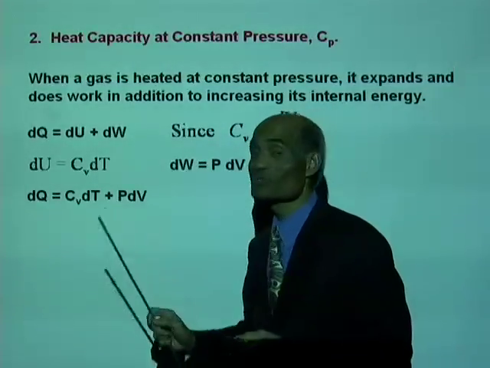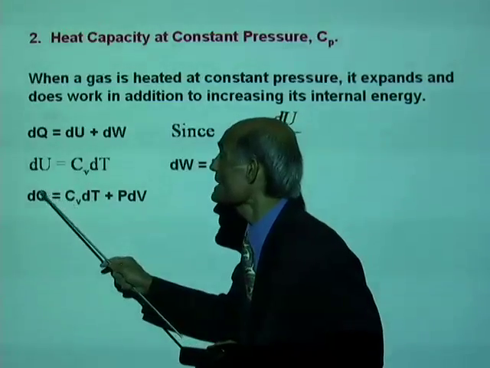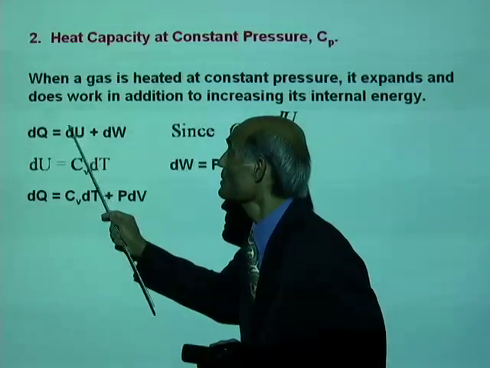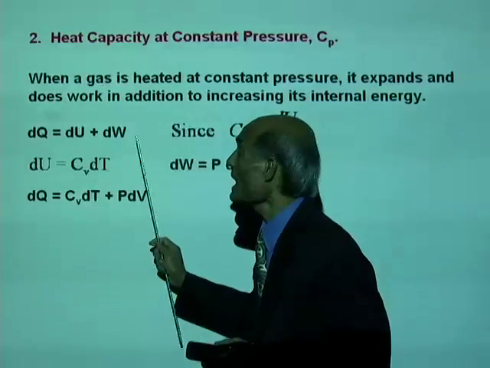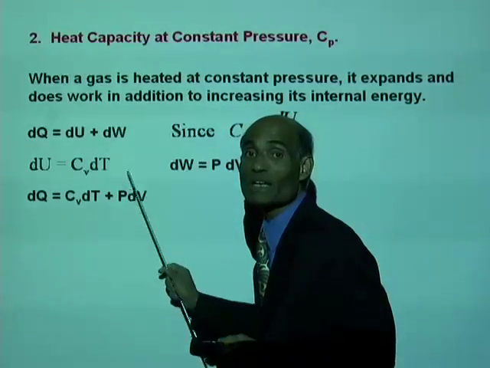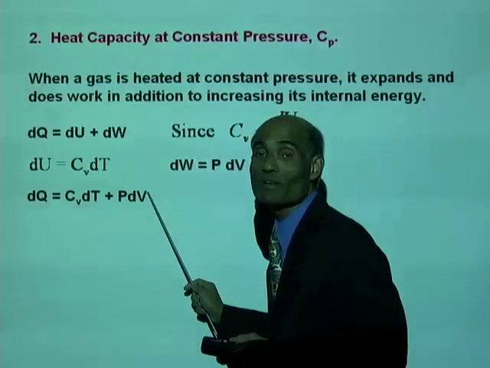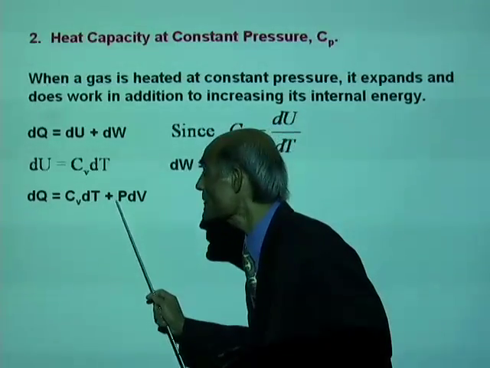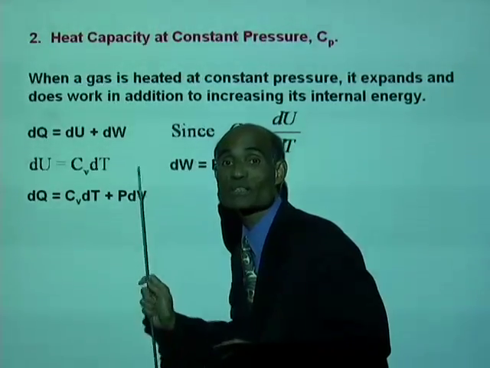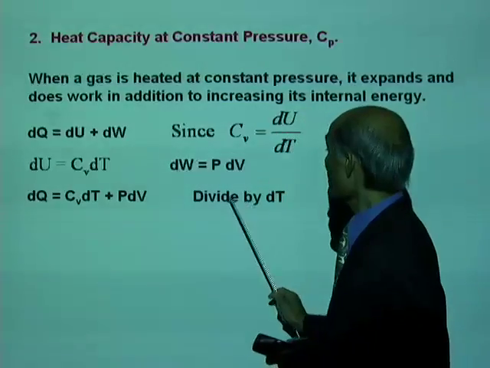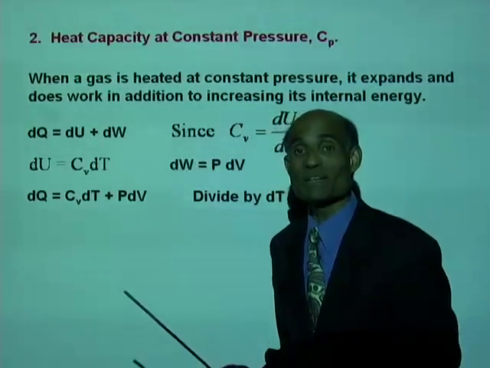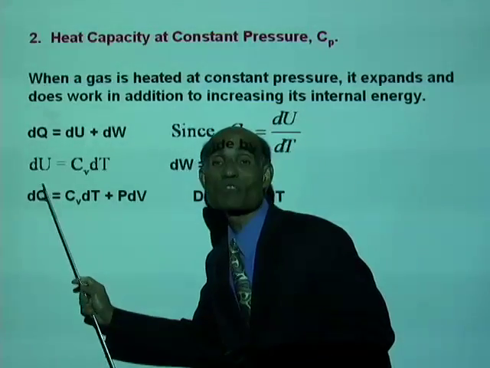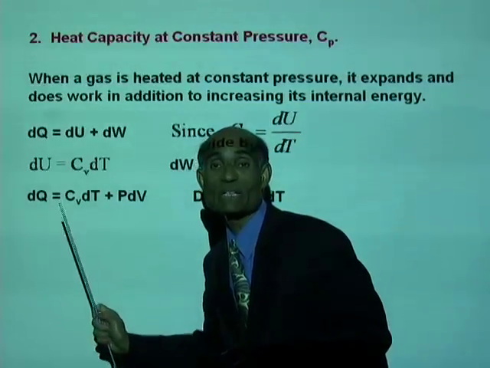So using those two together, I can write dQ equals dU, which I replace by Cv dT, plus dW, the work done, which is PdV. And of course, remember, P is a constant here. Well, divide by dT. Why do you want to divide by dT? Because we are looking for dQ by dT.